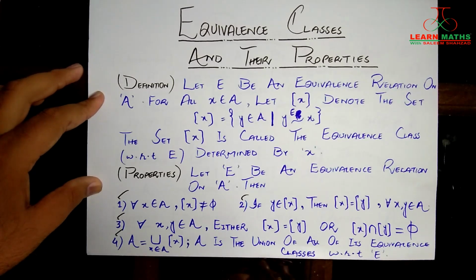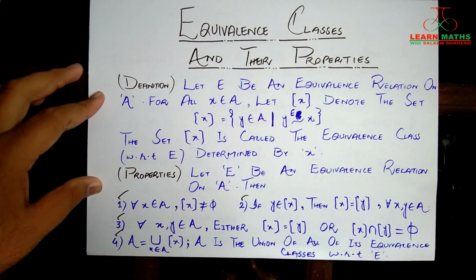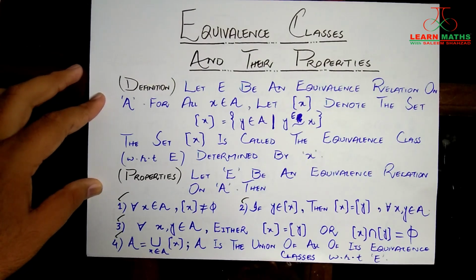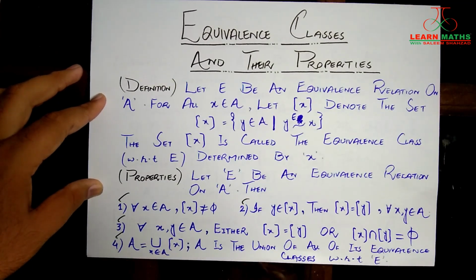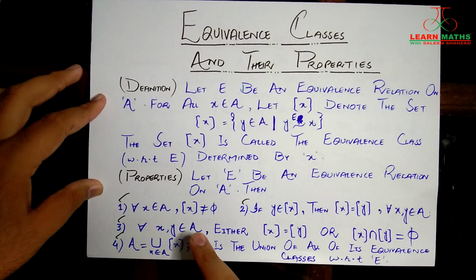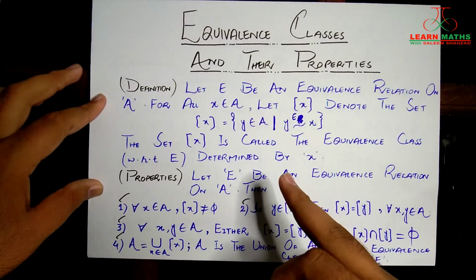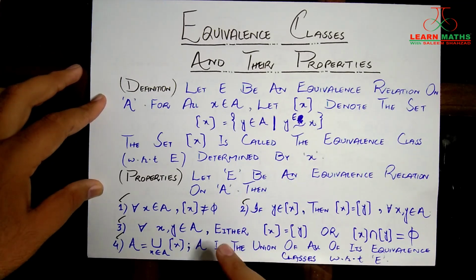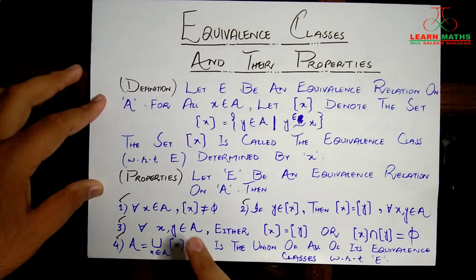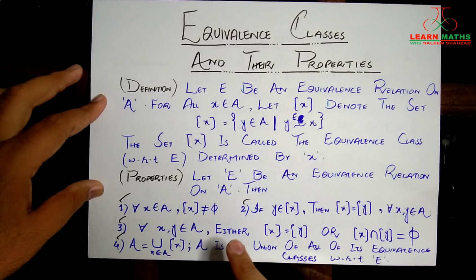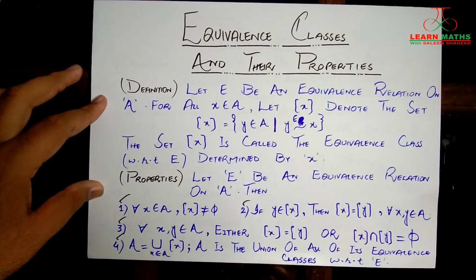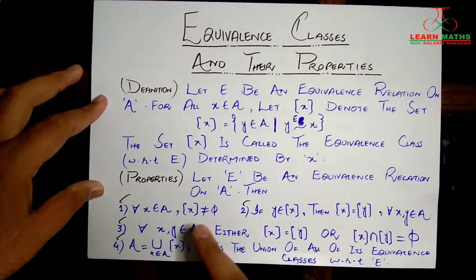Because we have already said that E is an equivalence relation. Now if E is an equivalence relation, then it means that for all x belonging to A, the pair (x, x) will surely be in the relation. And that means if X is not related to any other element of A, still it will be related to itself. So it will never ever be an empty set.